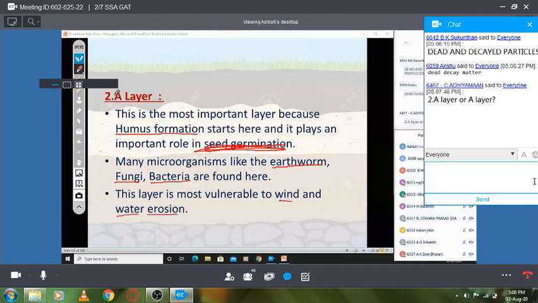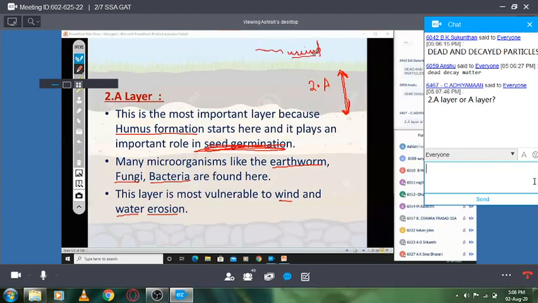This is our 2A layer, the topmost layer. All your microorganisms, earthworms, fungi, bacteria will be present here, and this layer will be most vulnerable to the wind which is flowing, and water also. This is our first layer of the soil profile.